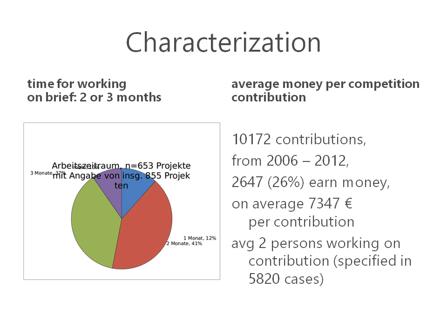It turns out that architects work approximately 2 or 3 months on a competition entry, using 2 persons on average, and if we average the prize money, they earn 7,347 euro per contribution on average. Which means this is almost nothing. So that's the reality.